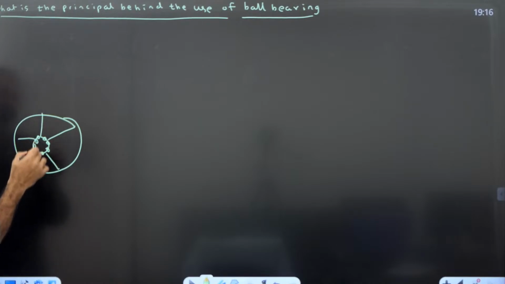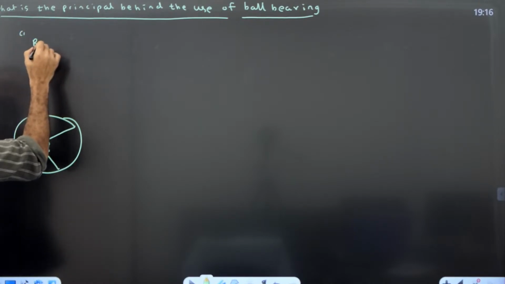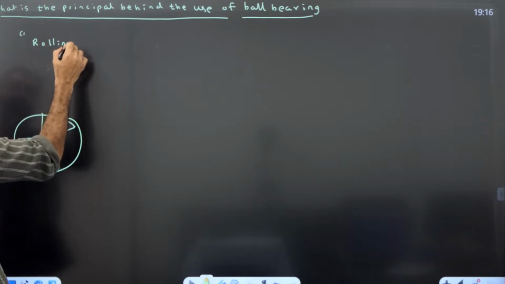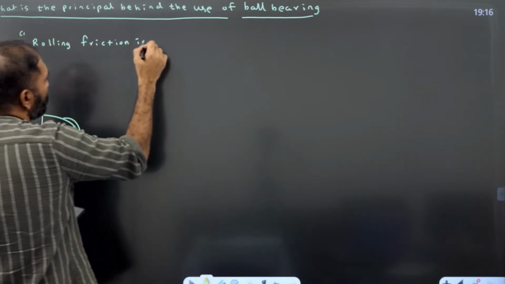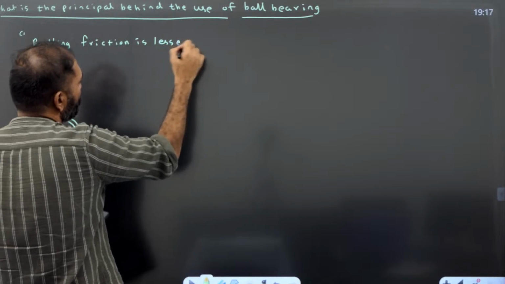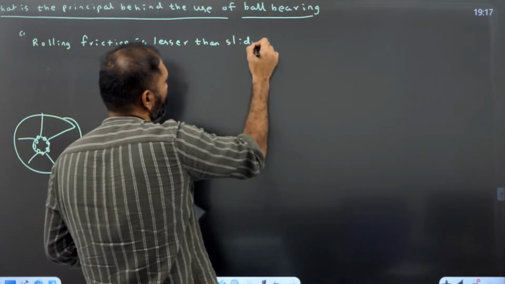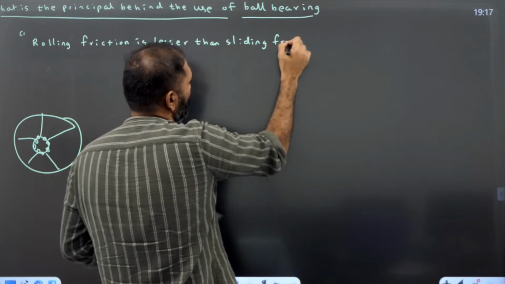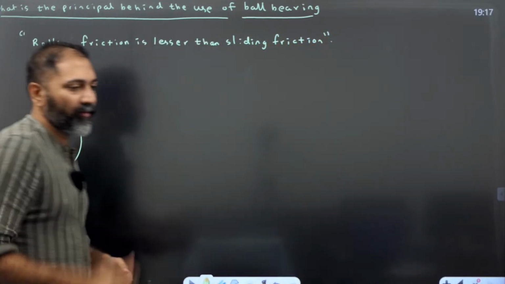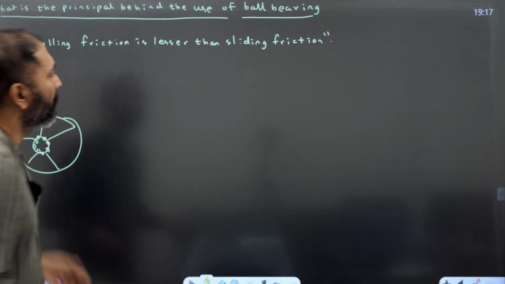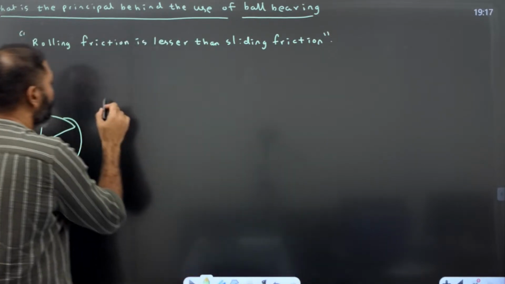Ball bearing. What is the reason behind that? Rolling friction is lesser than sliding friction. So that is the reason why we are using ball bearings.